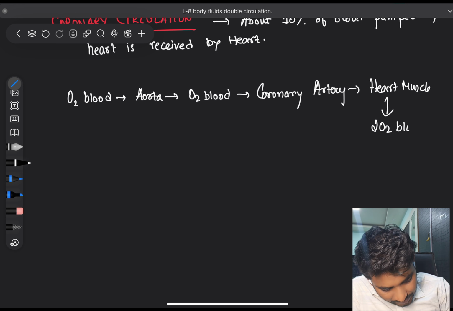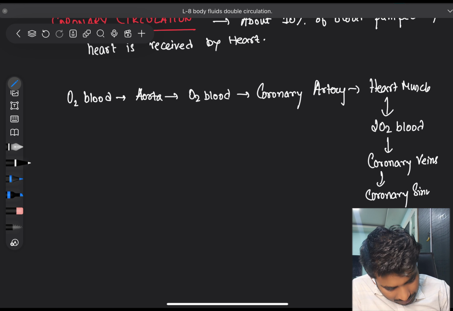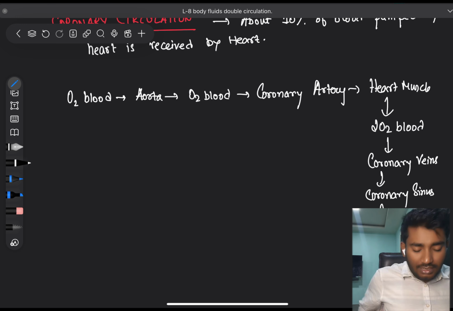The heart muscle then gives out deoxygenated blood, which is transferred to the coronary veins, to the coronary sinus, and then to the right atrium. You find it.